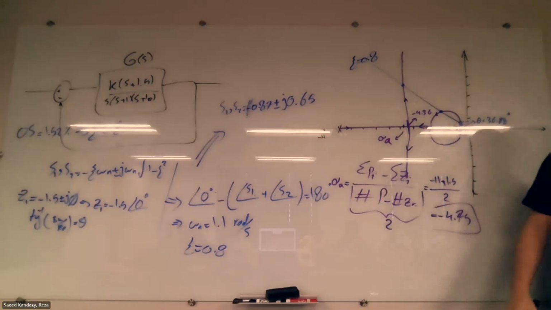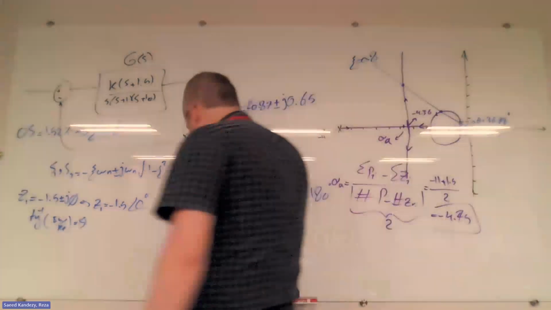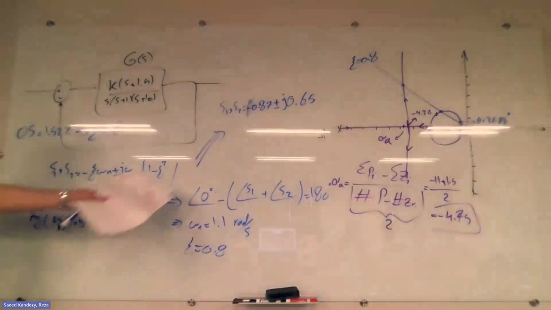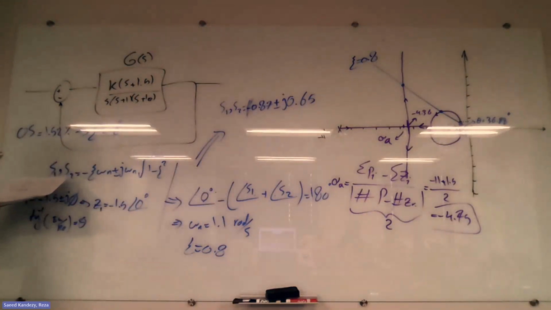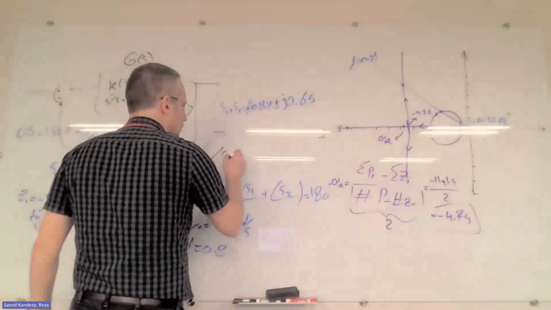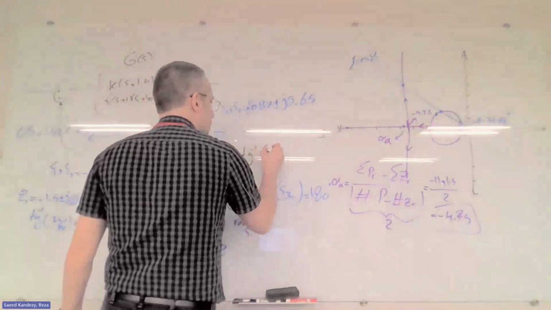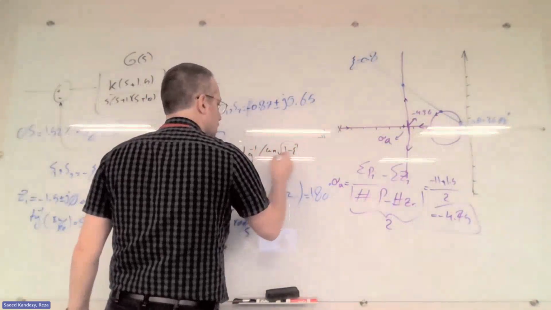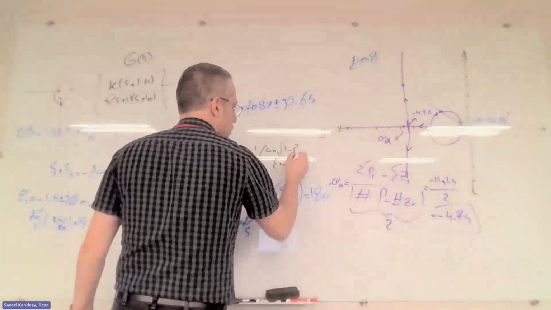So how did you derive omega n? This is a condition that says if it's met, these two S's are going to be poles. Now, the theta of these S's, the theta of S1, for example, is going to be the tangent inverse of omega n times the square root of 1 minus psi square over psi omega n.